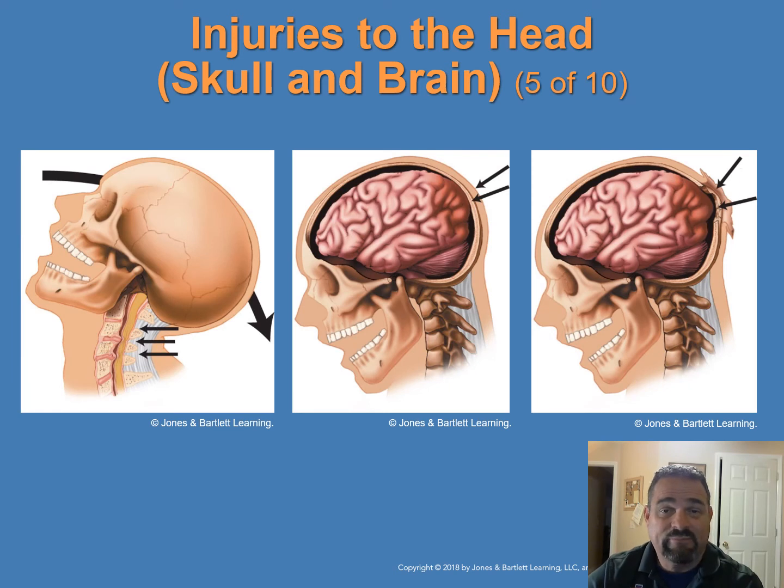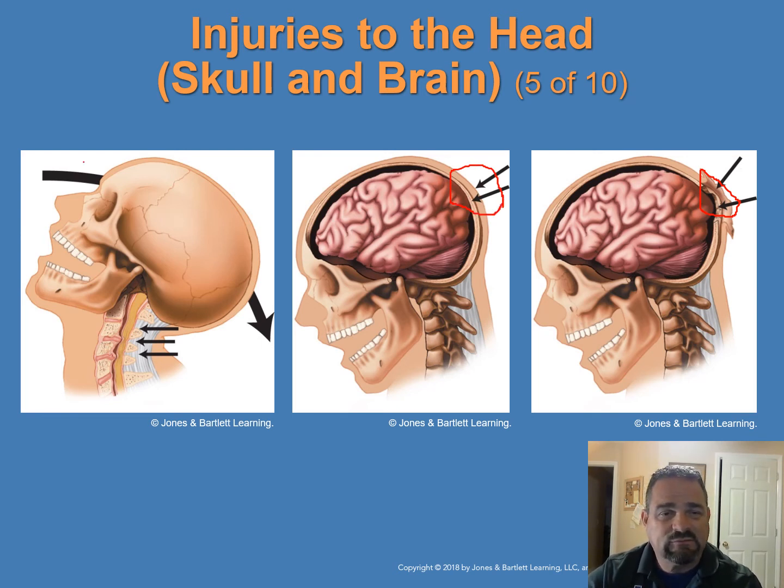All right, so open and closed head injuries. On the left is a head injury that may occur in conjunction with a cervical spine injury. In the center is a closed type of head injury pattern. And then on the right is an open head injury pattern. You can see here's the open part of the skull. Here's blunt trauma to the head, but there's no opening to the skull.